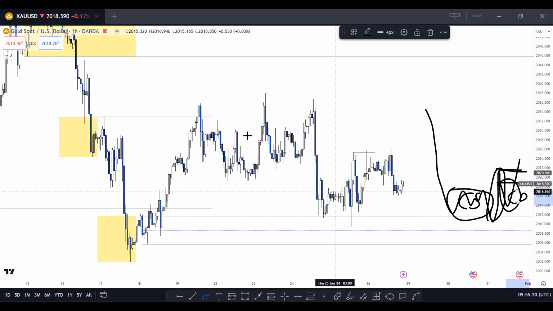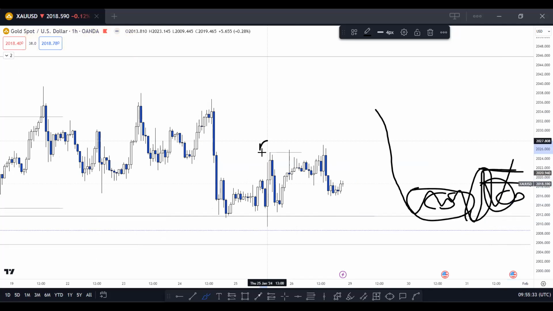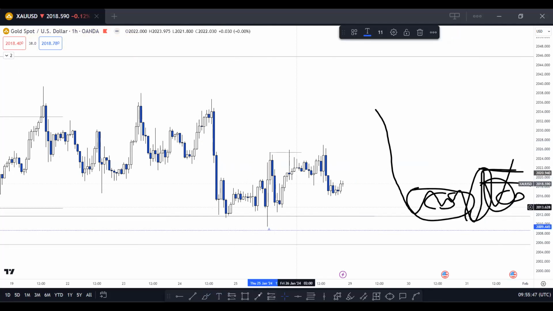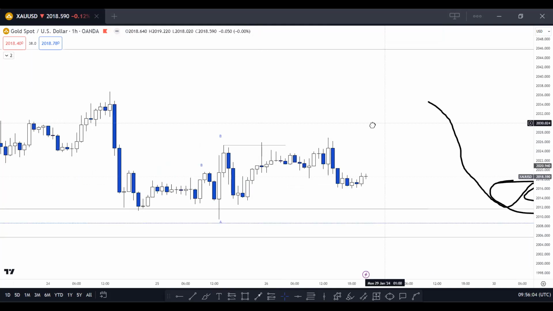So AKA, this is B, A, and then B. You see it?